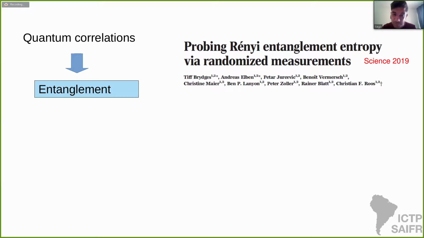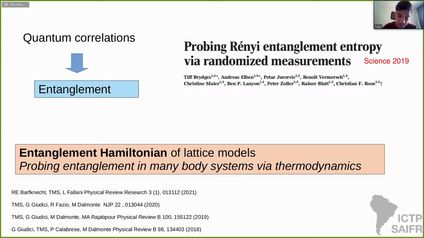More specifically, I want to discuss what is known as the entanglement Hamiltonian, and how to probe entanglement, how to measure entanglement via thermodynamics using this concept of entanglement Hamiltonian. Measure means both in numerical simulations and also in experiments.